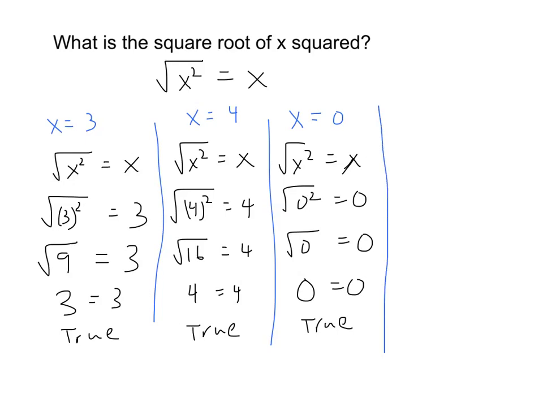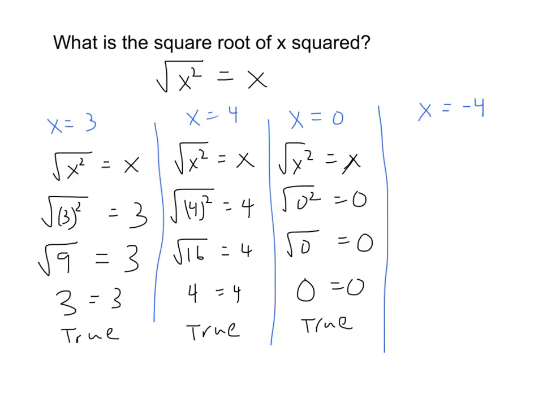This does not work if we choose a negative value for x. Let's test x equals negative 4. Previously we showed that it works for positive 4, so let's see if it works for negative 4.